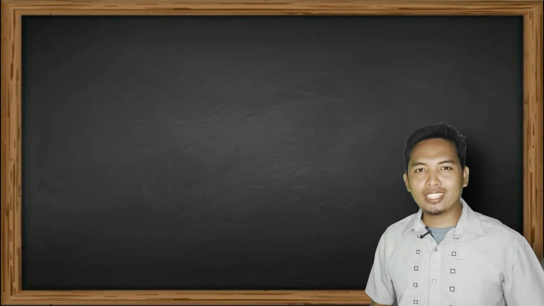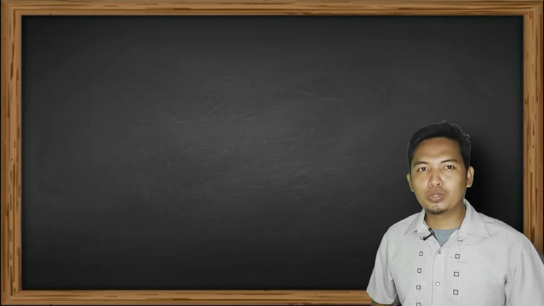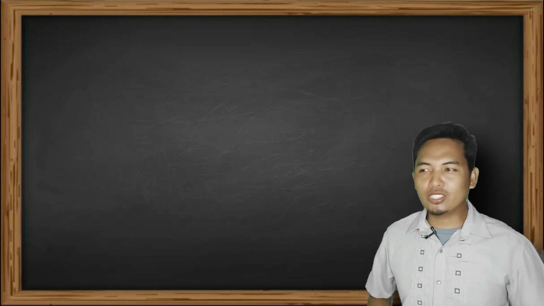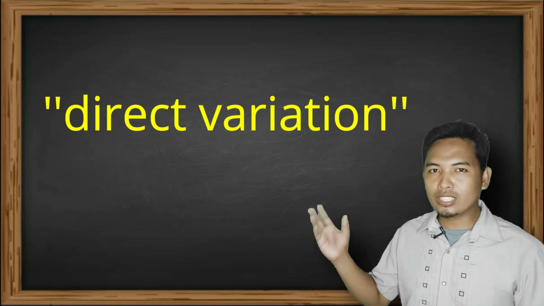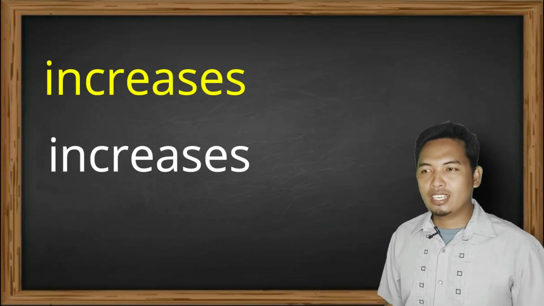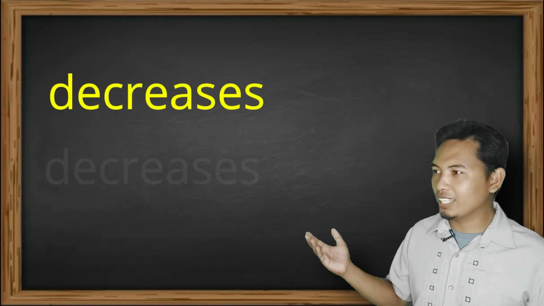Bago tayo magpatuloy sa ating paksang aralin sa hapong ito, magkaroon lamang tayo ng konting review doon sa ating mga past lesson. When we say direct variation, when one quantity increases, the other quantity also increases. When one quantity decreases, the other quantity also decreases.